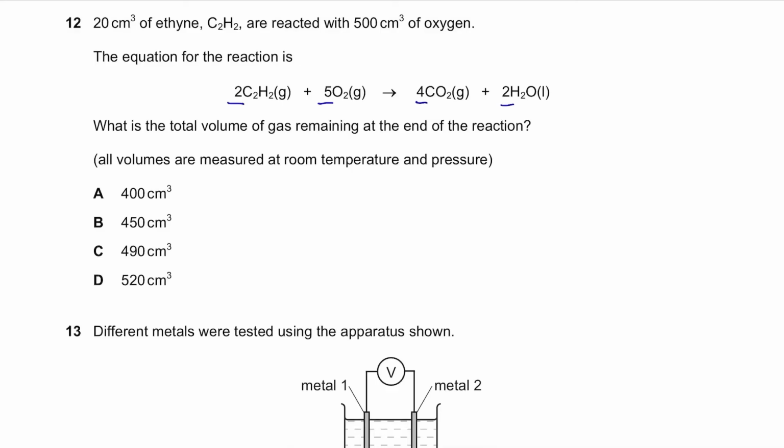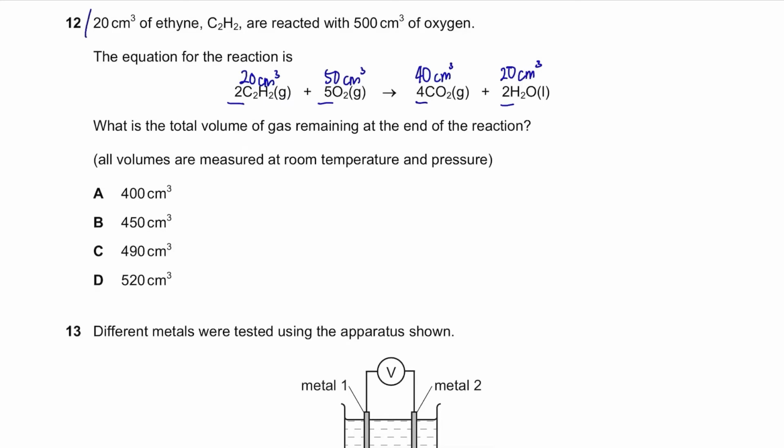This equation says 2 ethyne molecules and 5 oxygen molecules are needed to produce 4 carbon dioxide molecules and 2 water molecules. In other words, this can also mean that 20 cm³ of ethyne and 50 cm³ of oxygen will produce 40 cm³ of carbon dioxide and 20 cm³ of water.